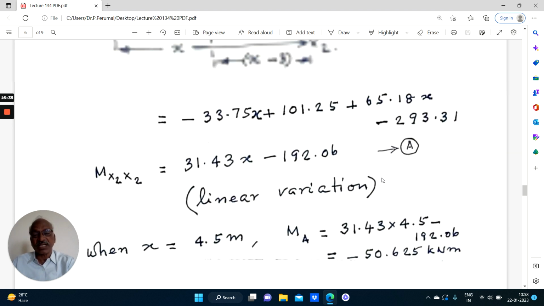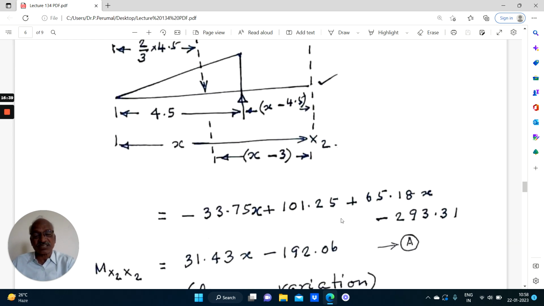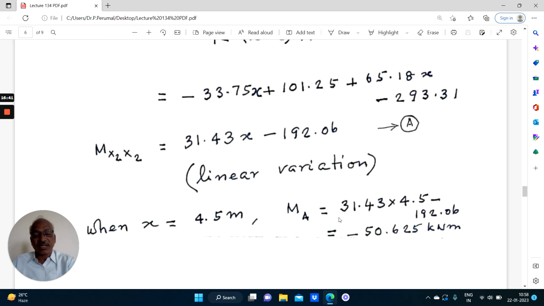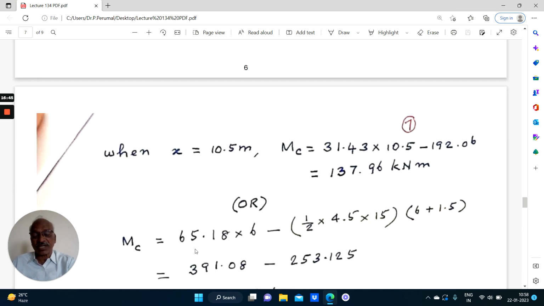Again, this is not a must. This calculation you can straight away avoid. Since you know the variation is linear, you can straight away take moment: 65.18 into 6 meters up to the point C, minus half into 4.5 into 50, the uniformly varying load.